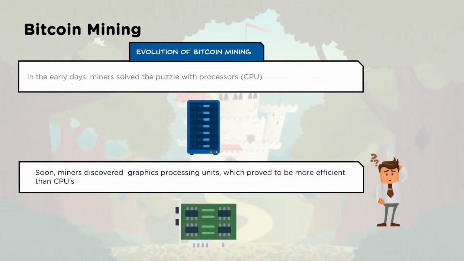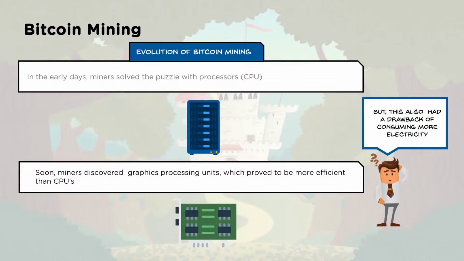So the miners also had to increase the processing power. They discovered that graphical processing units, GPUs, proved to be more efficient than regular CPUs, but this also had the drawback of electricity consumption. Any miner who calculates the return on investment on the hardware also has to account for the cost of electricity and other resources going into the mining.